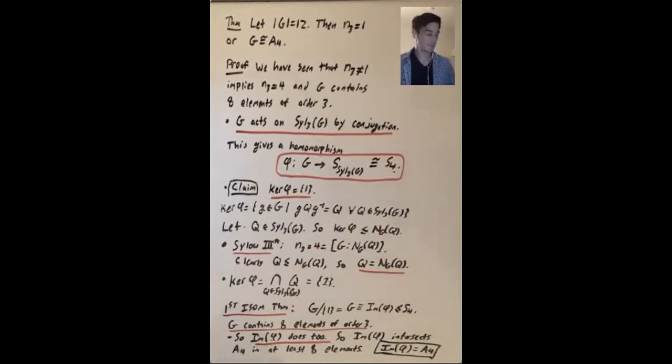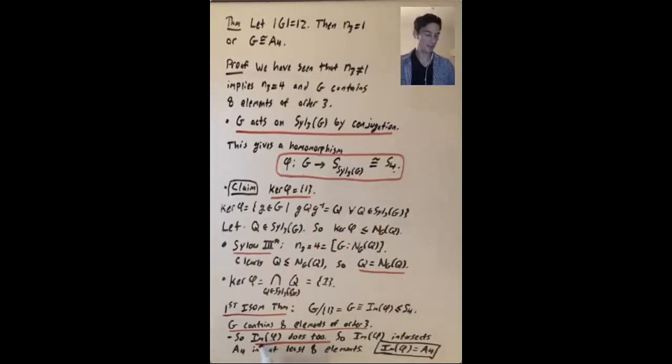So what does that mean? The image of phi is a subgroup of S4, and it contains 8 3 cycles. But all those 3 cycles are in A4. So the image of phi is a subgroup of S4, and A4 is a subgroup of S4.